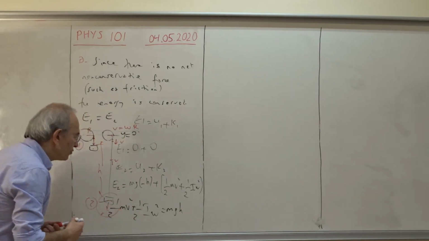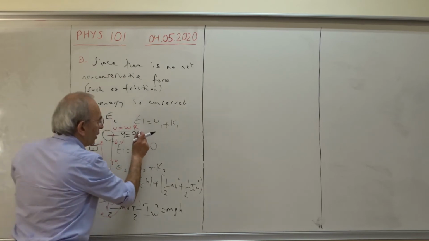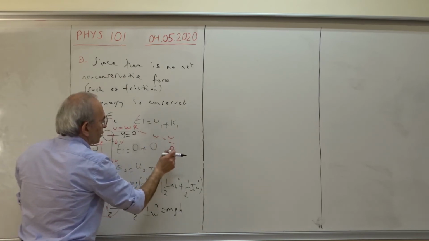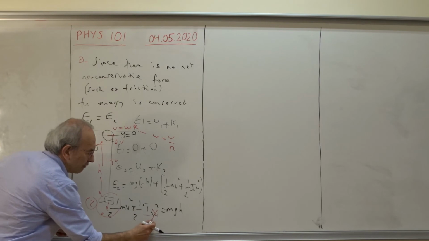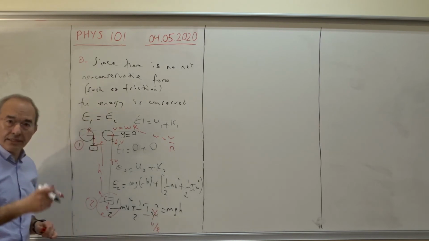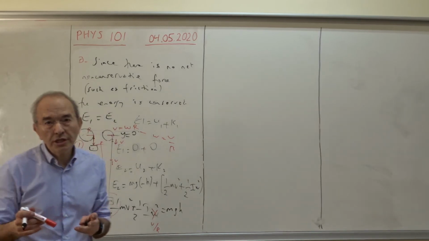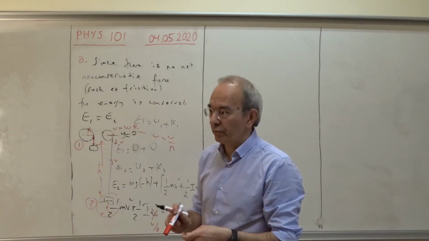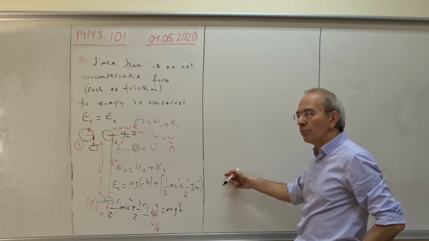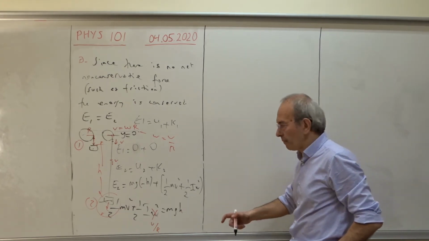So this omega can be written as v over r. So instead of omega, we will write v over r squared. This is the conversion, reducing two unknowns to only one unknown, v, because the problem says find first v and then omega.